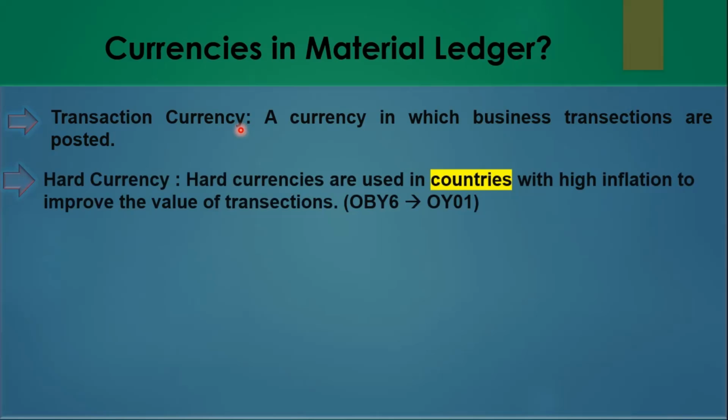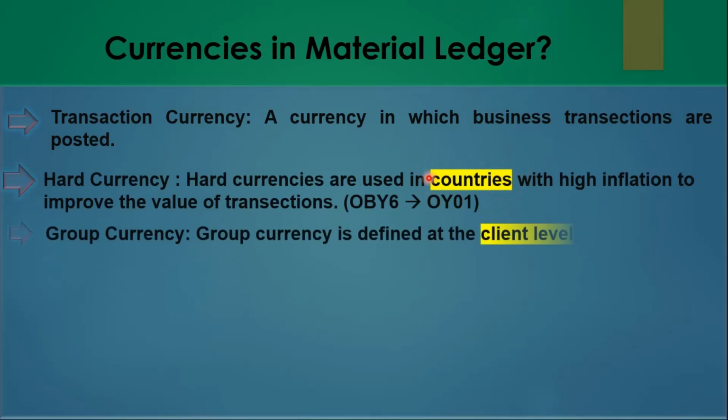Also note that hard currency is specific to region or country. Then next one is group currency. Group currencies are used to enable cross company posting in controlling for company codes that use different company code currencies. Also note that group currency is defined at client level.